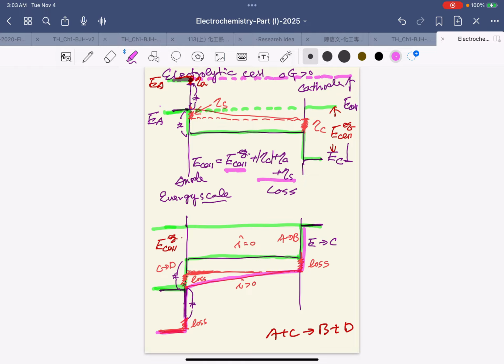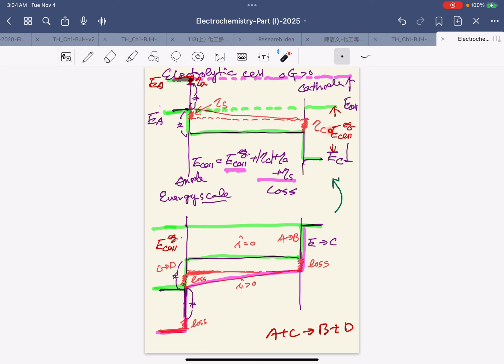Consider the loss. Then if you know that, you can convert this energy diagram back to a potential diagram, like this original potential, but you need additional potential because of additional energy loss. So you get this curve.